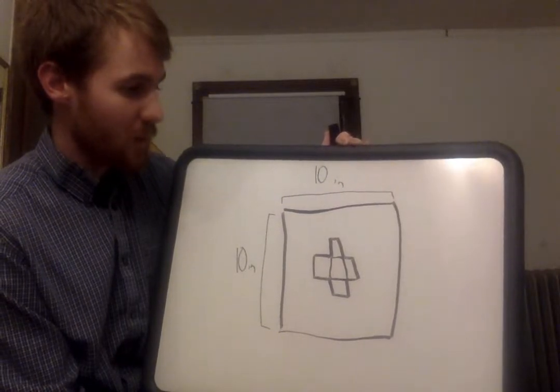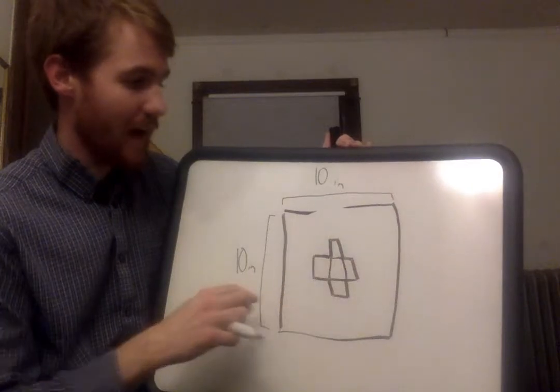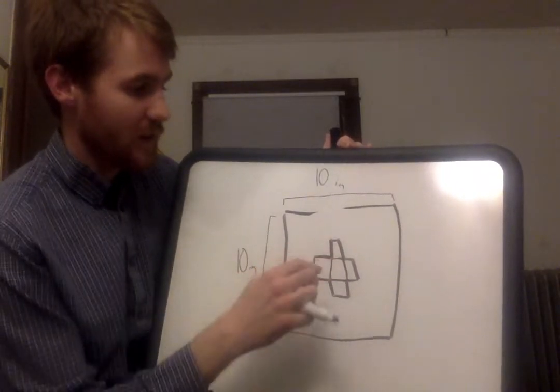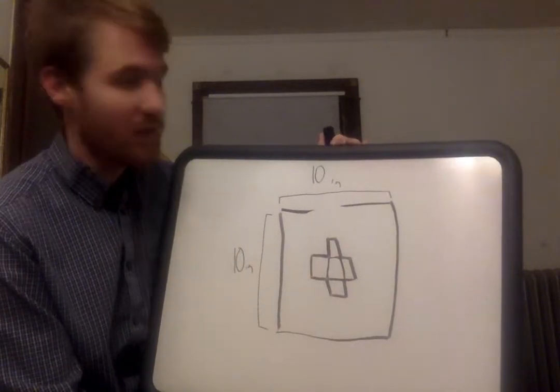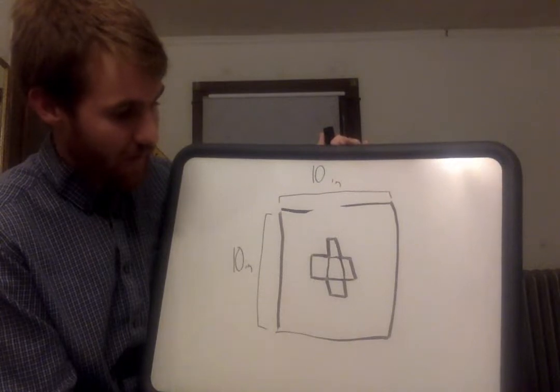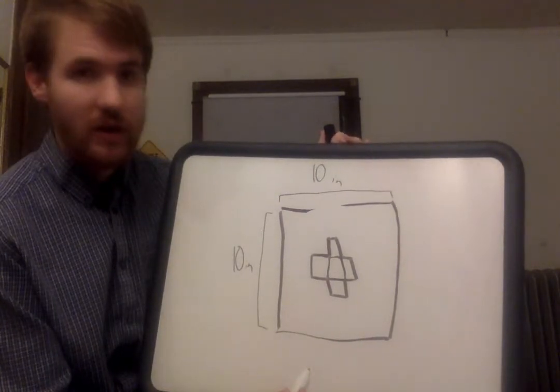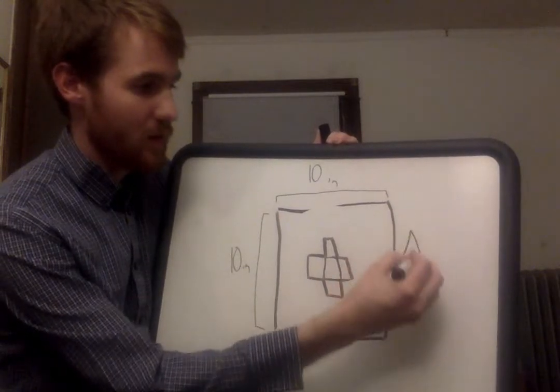My first step would be, is there a way I can find the area of this entire flag? Not the area of the white cross, not the area of an individual square, but the area of the whole flag. That's what I would recommend. The flag is a square. If you don't remember the formula for the area of a square, it's very simple.